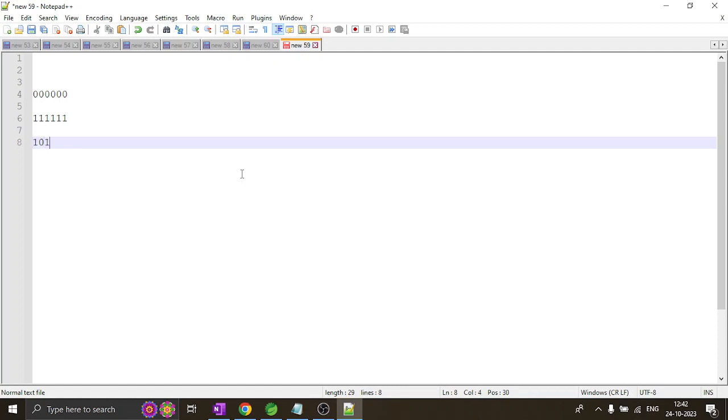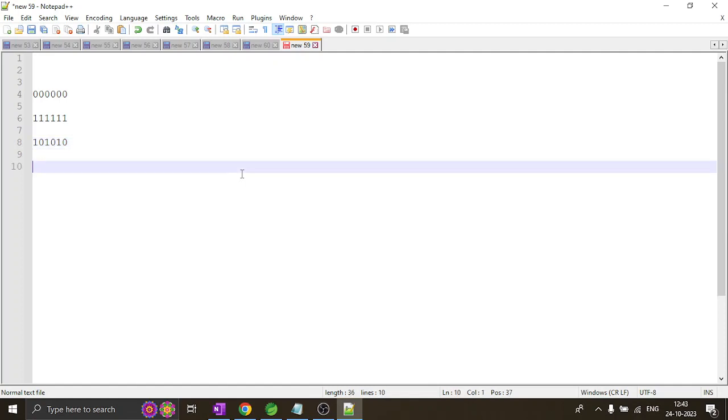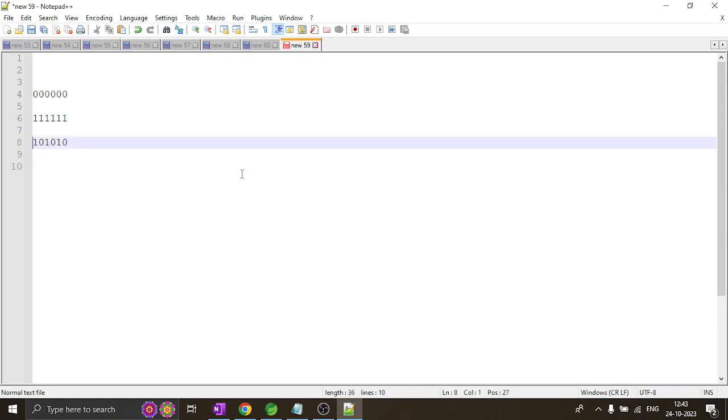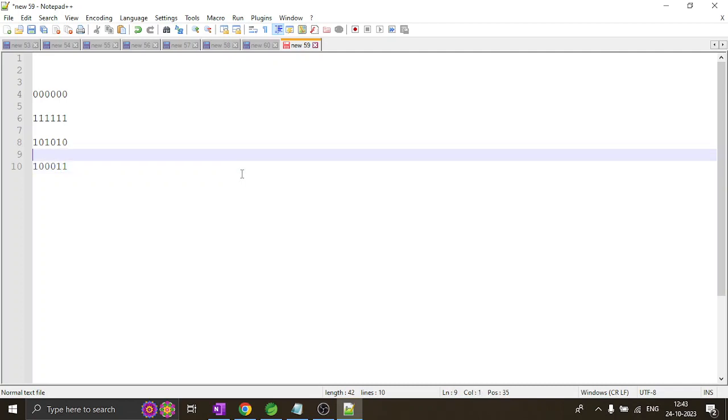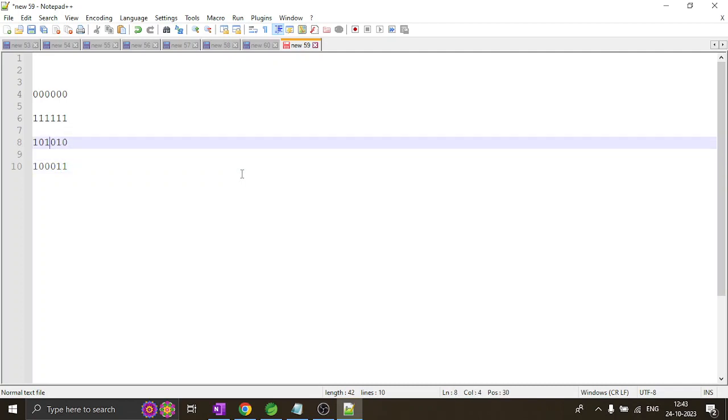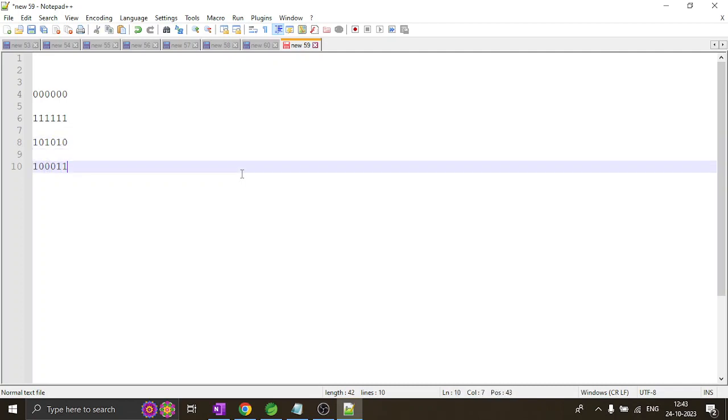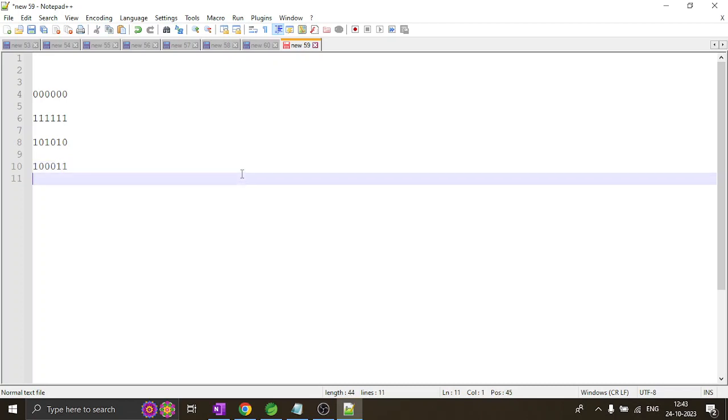So 1, 0, 1, 0, 1, 0. After the next fluctuation, all the third bulbs will be toggled. Only the third one, which is this one, and the sixth bulb will be toggled.